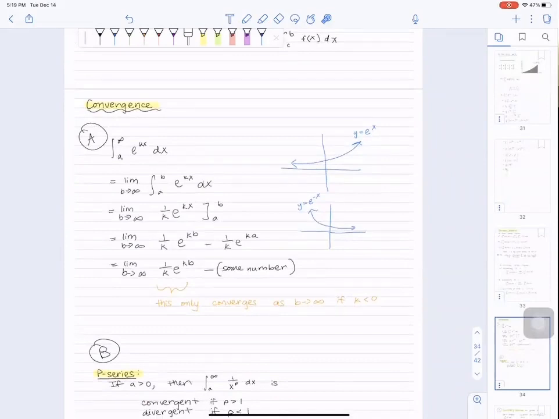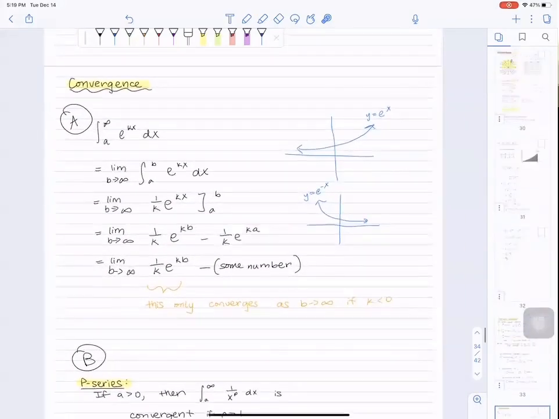Then for improper integrals, a common question is convergence. There are some common rules. There's a table in the textbook of common improper integrals and their conditions for convergence. In general, the integral from some number to infinity of e to the kx converges if k is less than 0.